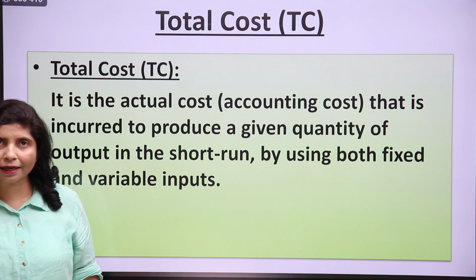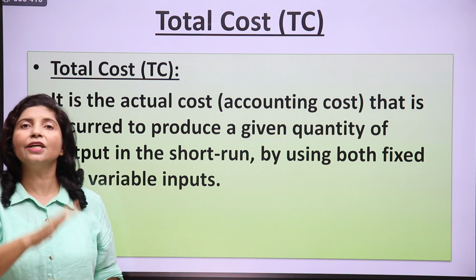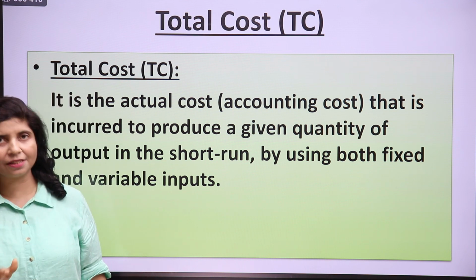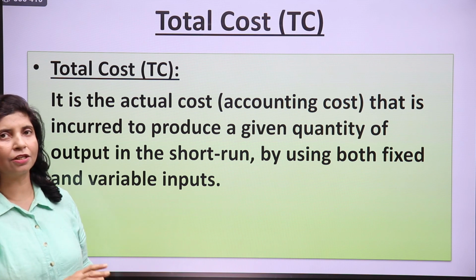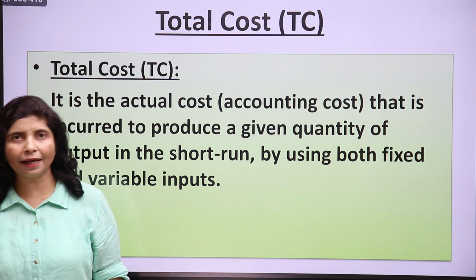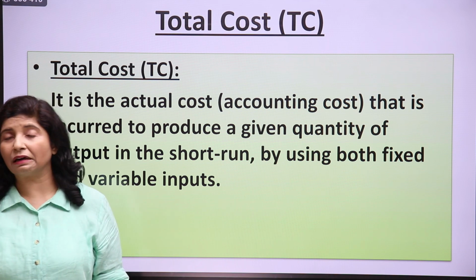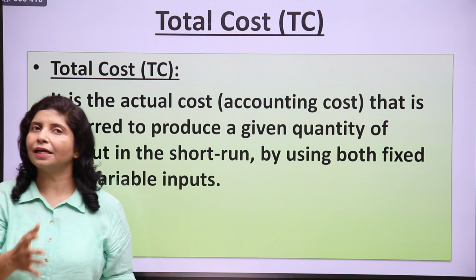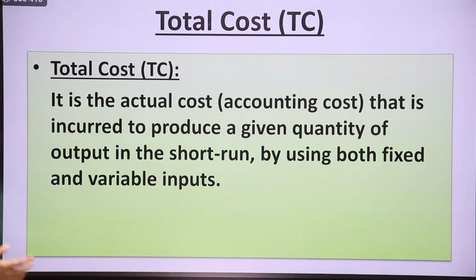The costs which are not clear, and the businessman, when he uses his own assets or own resources for business, these are included in your implicit cost. Maybe he is using his own labor, he may use his own building, he may use his own electricity or anything, or he may use his own children as workers. So that is implicit cost, and that is just like hidden, it can't be traced, it is not included in your accounting books.